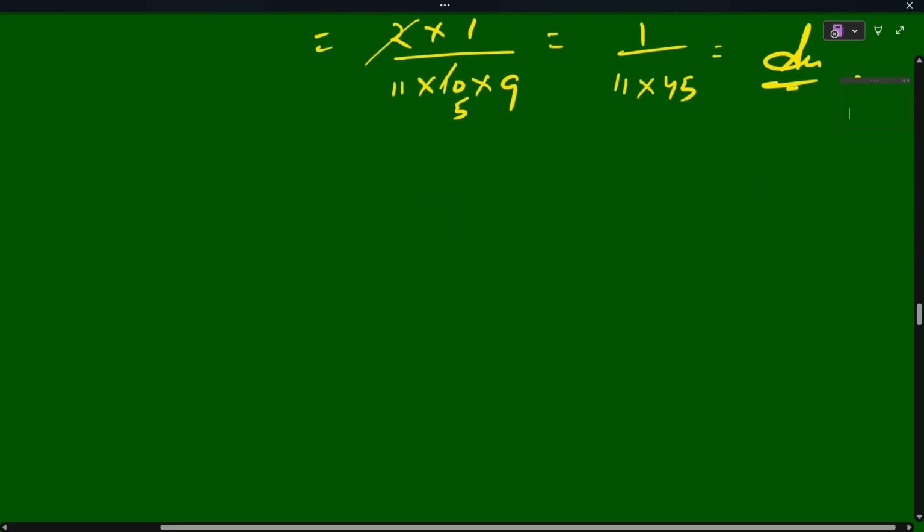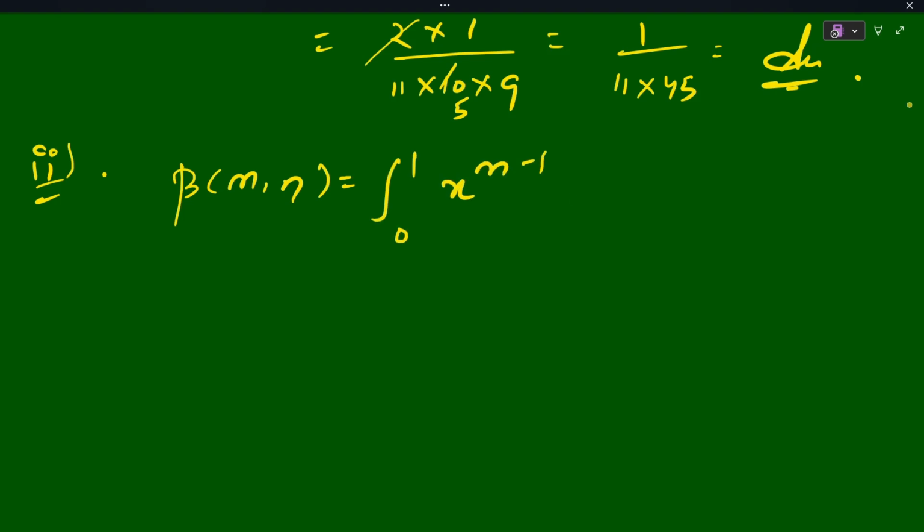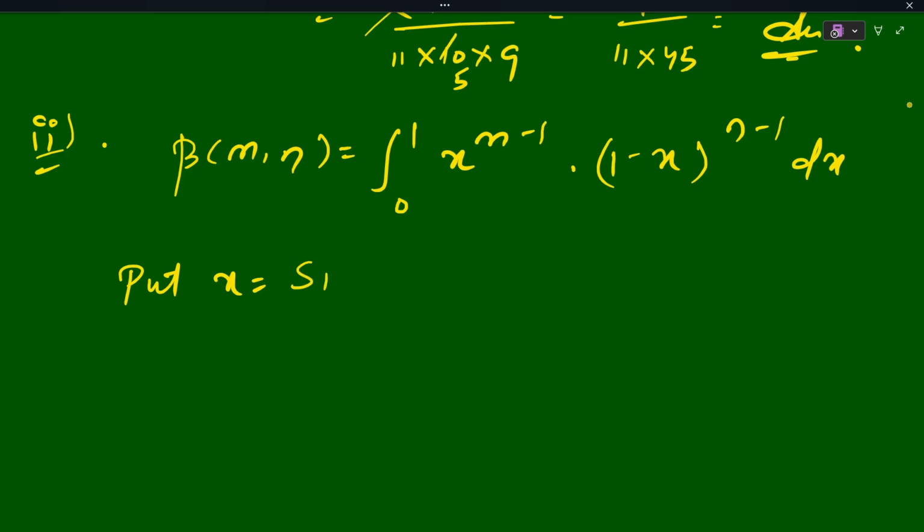Okay, so moving on to the next type of transformation, first writing the general formula. It is x to the power m minus 1 into 1 minus x to the power n minus 1 dx. Here the next substitution comes: put x equal to sine square theta.